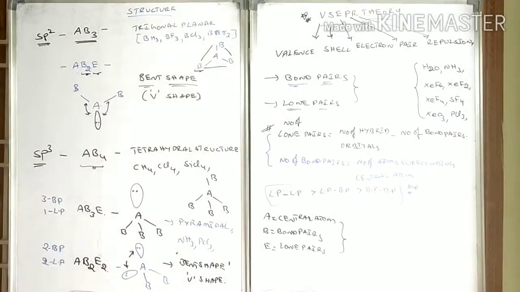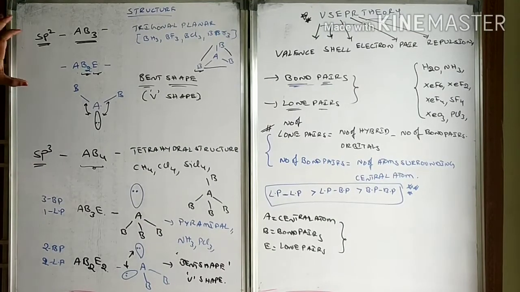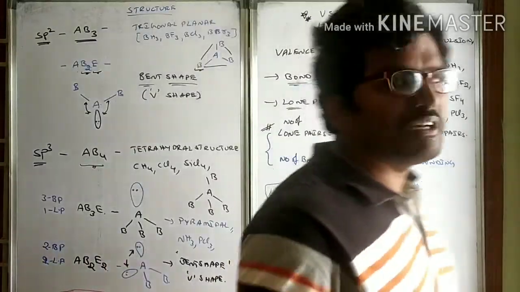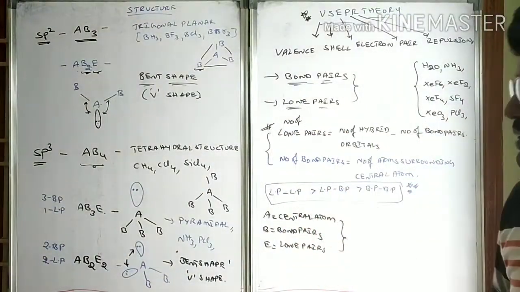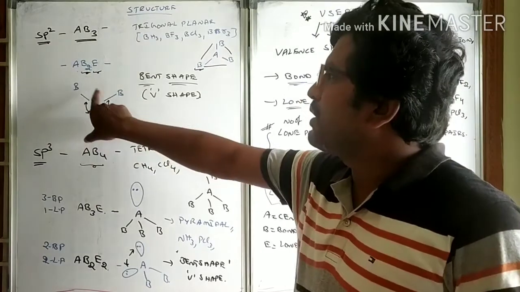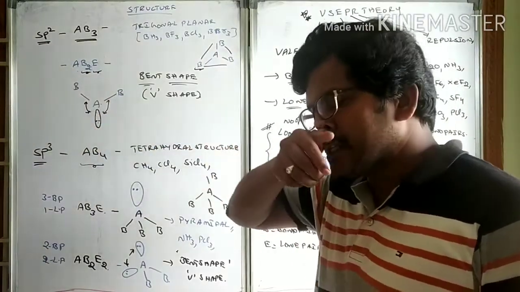So like this we can understand the structures for molecules having sp2 and sp3 hybridization, how to replace the bond pair with the lone pair and where we have to replace. Since it is trigonal planar, you can replace the bond pair from any side, it doesn't affect the structure.